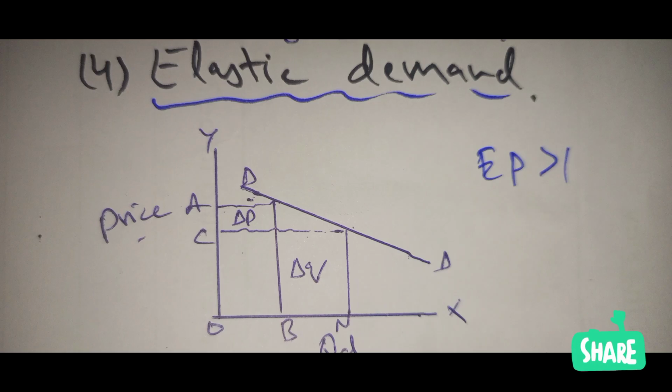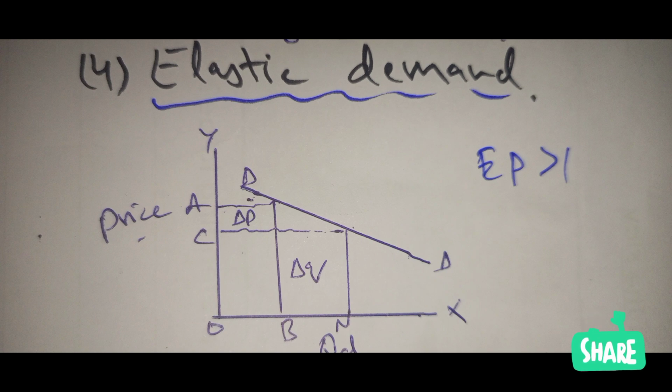That is, the increase in quantity demanded is more than proportionate to the fall in price. The slope of the demand curve is much flatter. Here we can say the demand curve is much flatter.